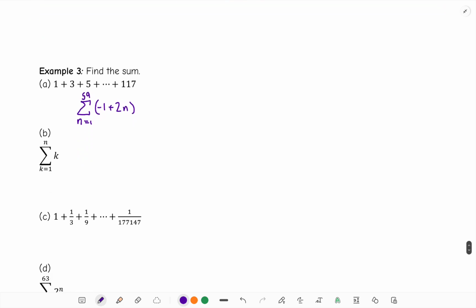So because it's arithmetic, instead of figuring out all 59 of these numbers, I can use the shortcut, which says we take n, which is 59, divided by 2, times 2 times a1, a1 is the first term, so 1, plus n minus 1, so 58, times d, which was 2. And if you calculate that out, it comes out to be 3481.